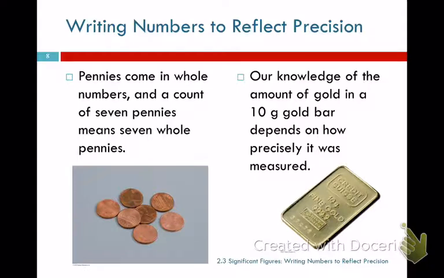Now, on the other hand, when you take a gold bar and you weigh it, the mass that you get, it says 10 grams on here, depends on how good the measurement device is. So if I use my kitchen scale, it's going to be 10 with a 1, and I'm not sure that's a 0.